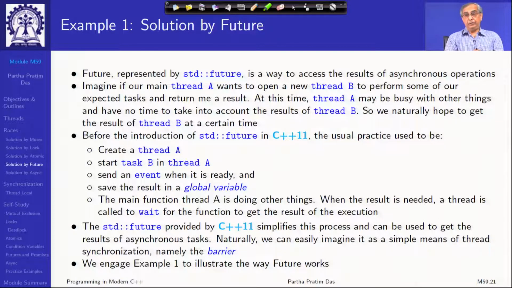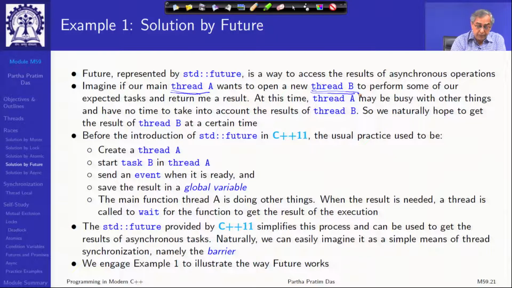So, if you have to access the result of an asynchronous operation, let us say thread A has a task to do which it has given to thread B, and meanwhile thread A is doing something else. Thread B is to perform that task and return the result. Now, thread A is not waiting for the result like join on thread B, but it is doing its own work, and it will like to get the result in its own sweet time after B has computed it.